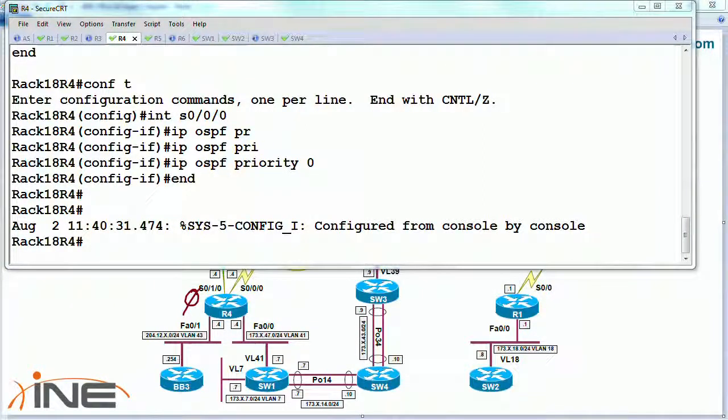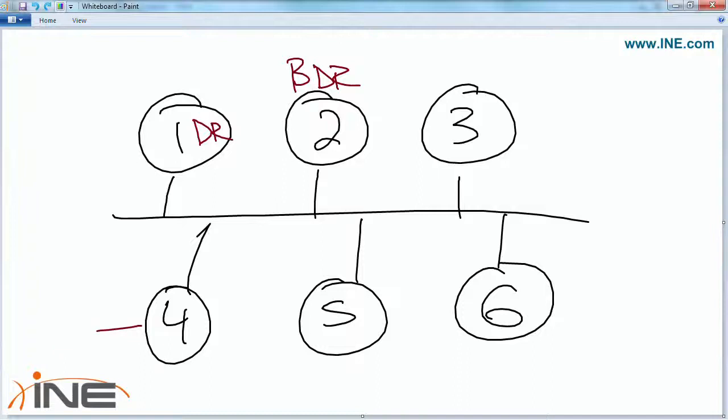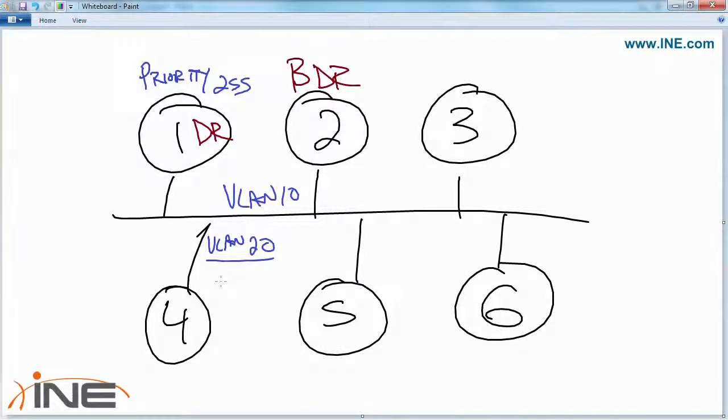You can see this in action, that if you had this type of design here, where we have a bunch of routers on the LAN, let's say that one has a priority of 255, and it's the one that's elected the designated router. And let's also say that this whole segment is like VLAN 10. Now, if I connect router 4 and I assign this to VLAN 20, so it means router 4 right now doesn't have connectivity to the rest of the devices.